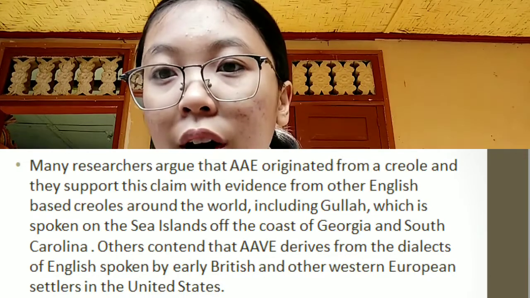from other English-based Creoles around the world, including Gullah, which is spoken on the sea islands off the coast of Georgia and South Carolina. Others contend that AAVE derived from the dialect of English spoken by early British and other Western European settlers in the United States.